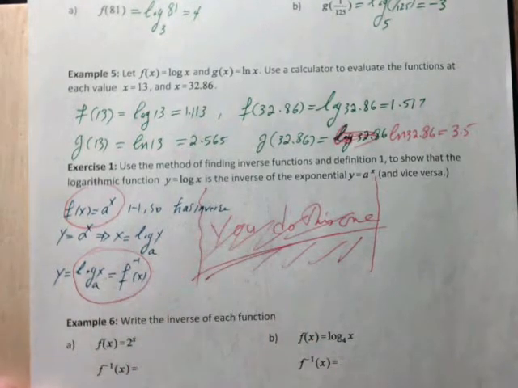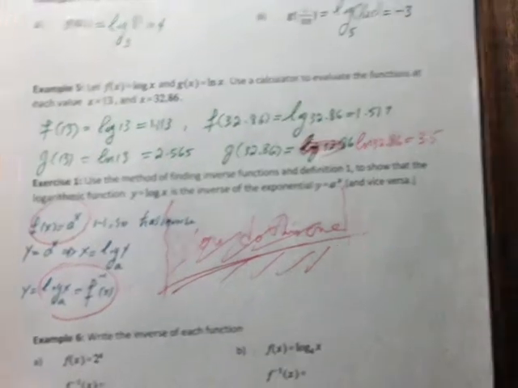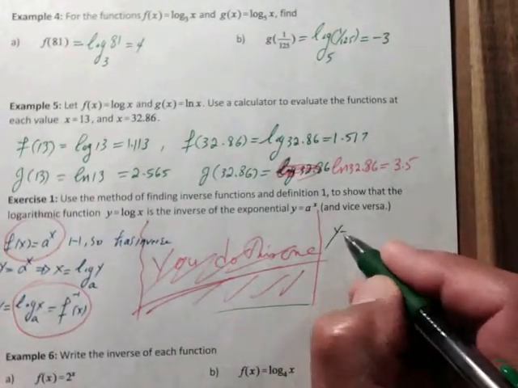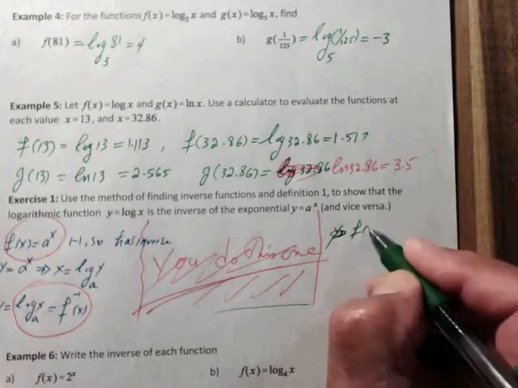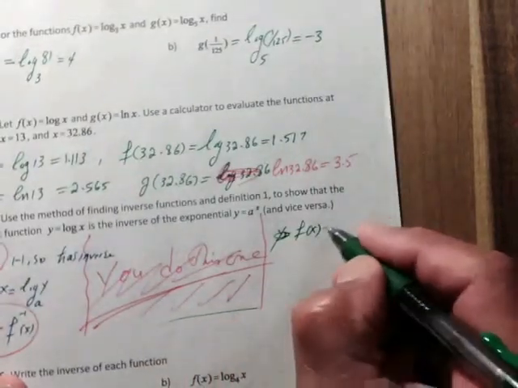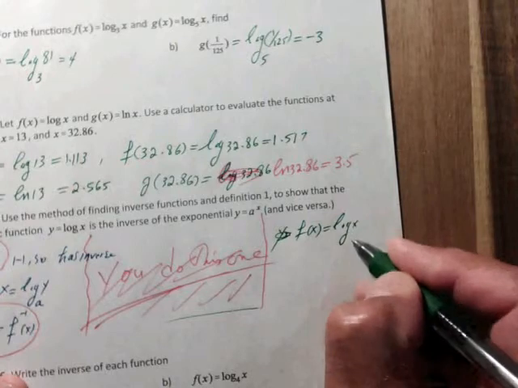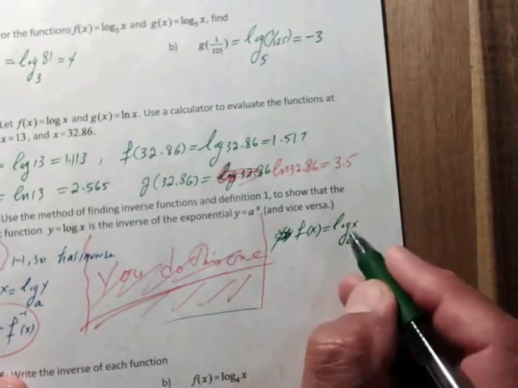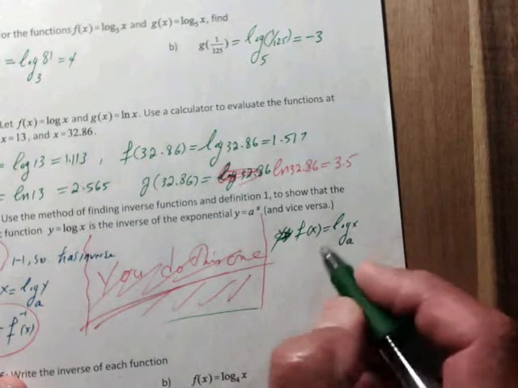Now let me start with the logarithmic. Let's say f of x equal to log of x to base a. I want to find the inverse of this function because this is 1 to 1.